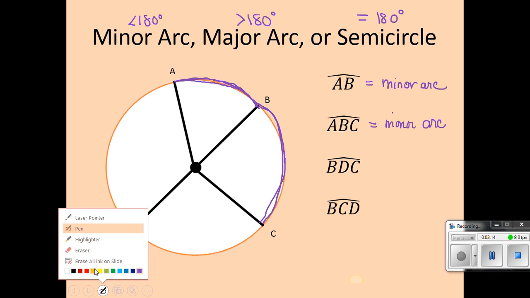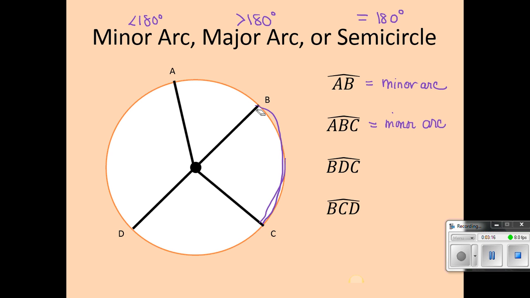All right, let's go ahead and erase that now. If I did arc BDC, I'm going to start at B. It tells me to go through D and all the way to C. I would say that that's more than 180 degrees, so that would be a major arc.